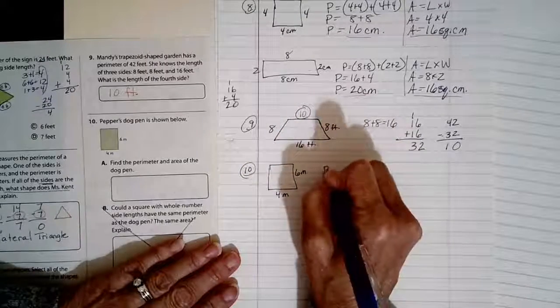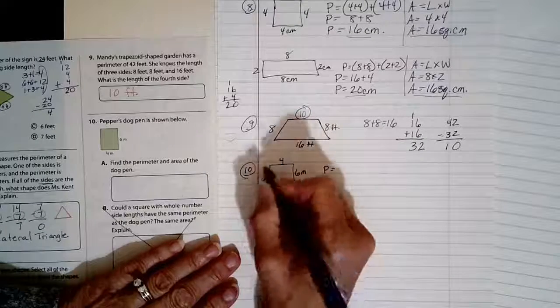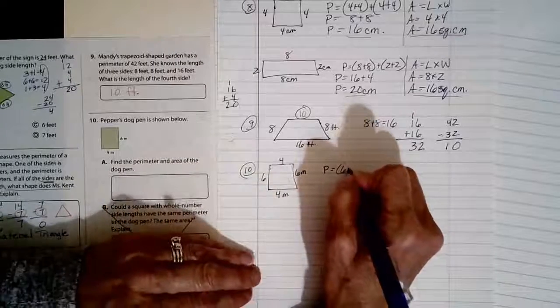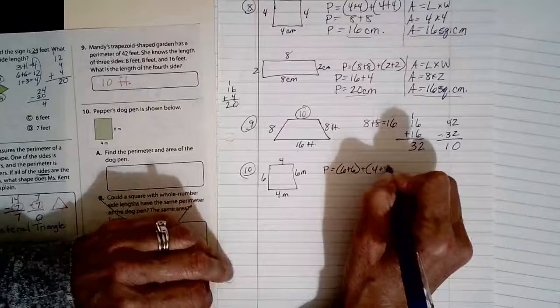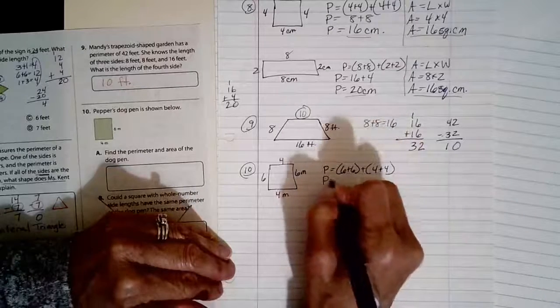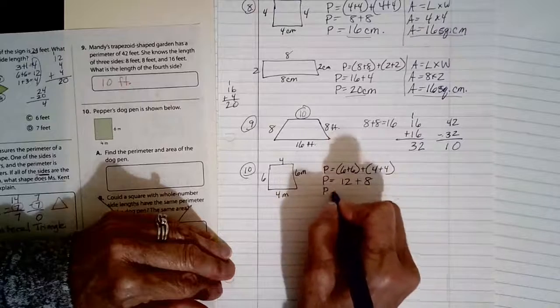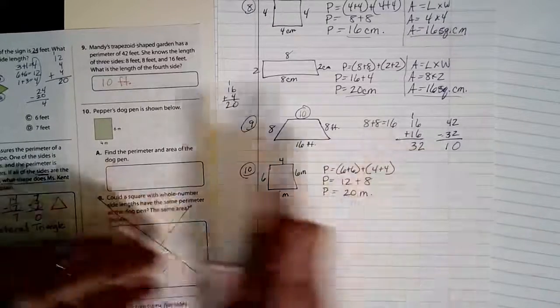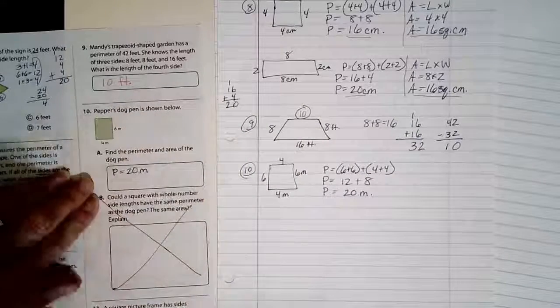So our perimeter, remember, is the length of the sides all added together. So I have 2 6's, 6 plus 6, plus I have 2 4's, 4 plus 4. So the perimeter equals 12 plus 8. Therefore, the perimeter equals 20 meters. So over here, we're going to write P equals 20 meters.